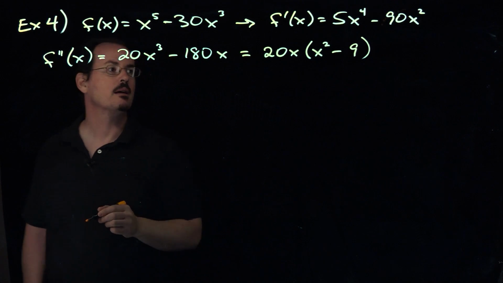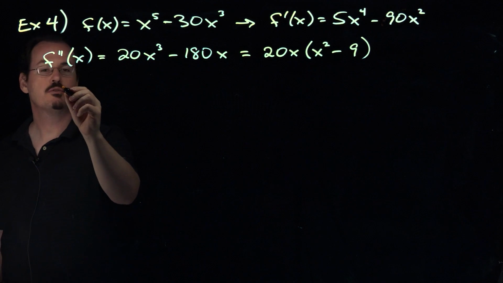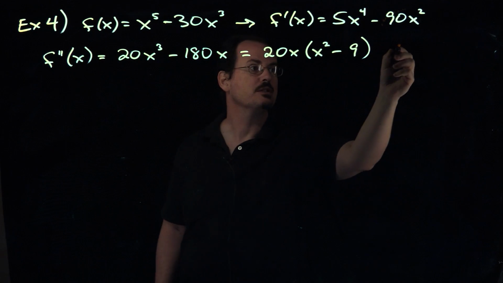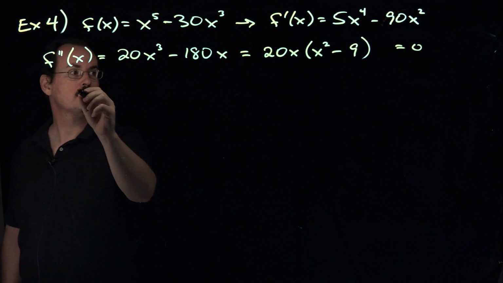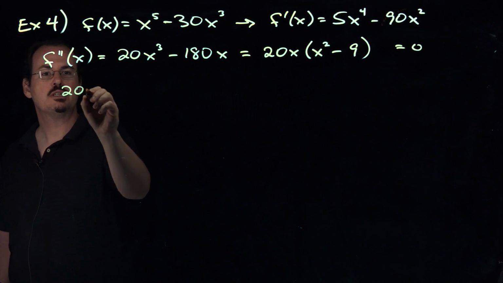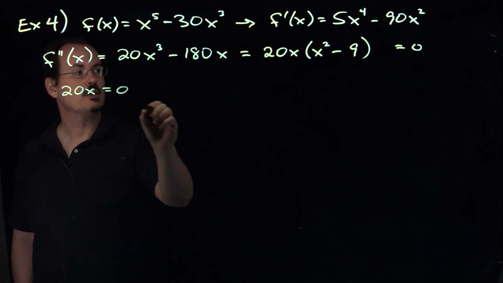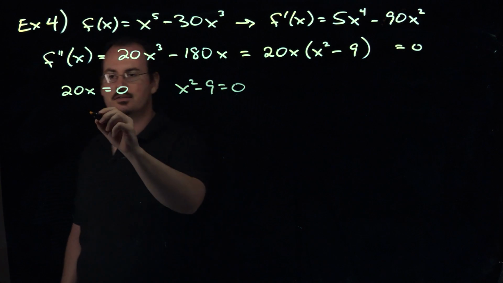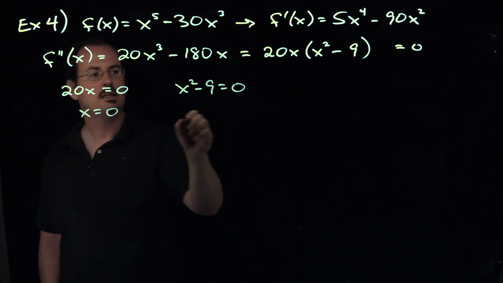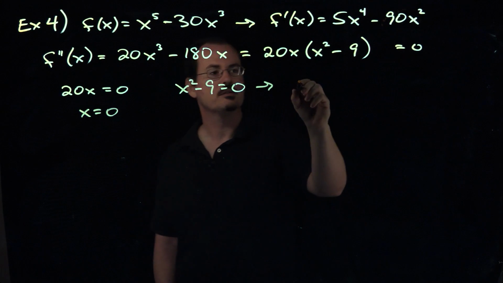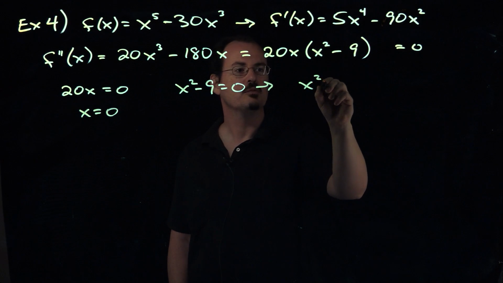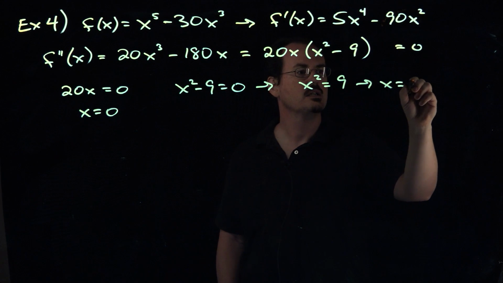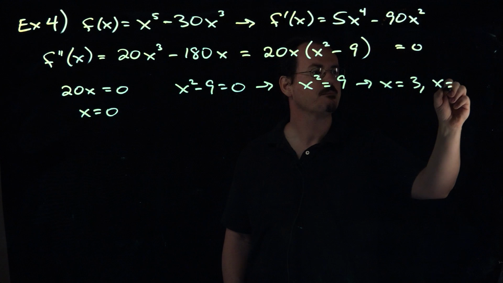Just like we had done with the first derivative, we set that equal to 0, and then we set each factor separately equal to 0 and solve each of these. So this gives us x equals 0, and this one we can either factor or move that 9 to the other side and get x equals 3 and x equals negative 3.